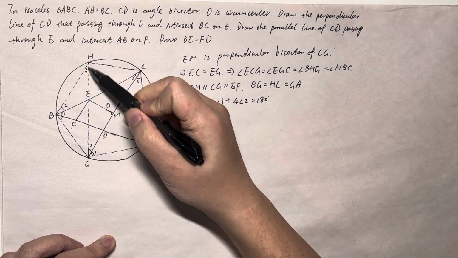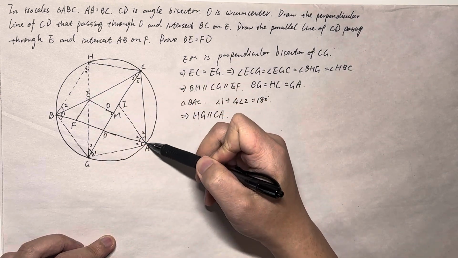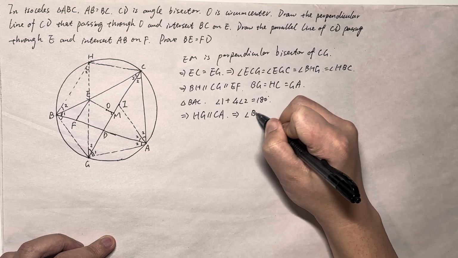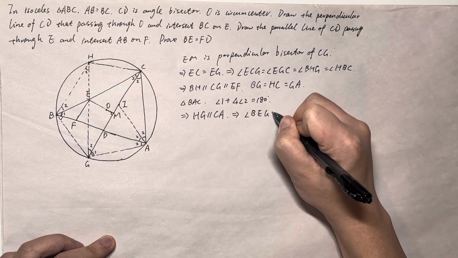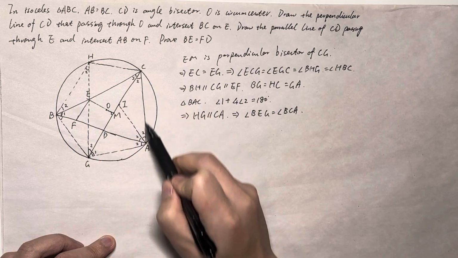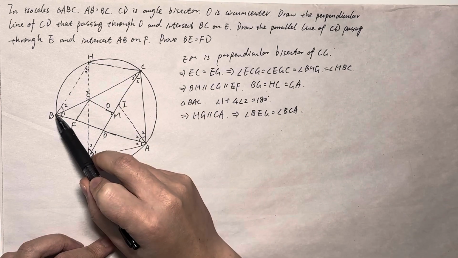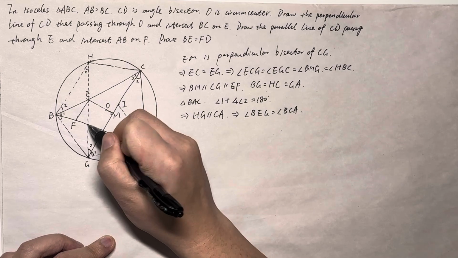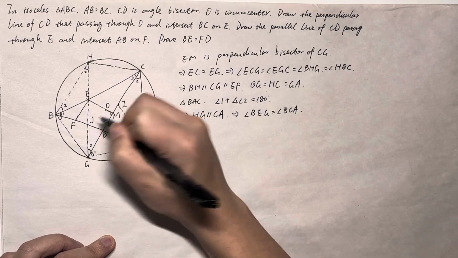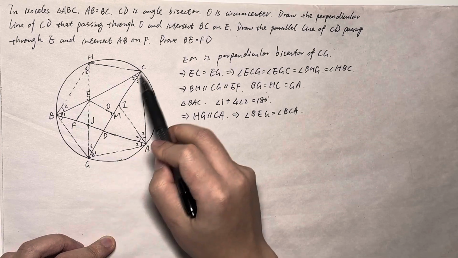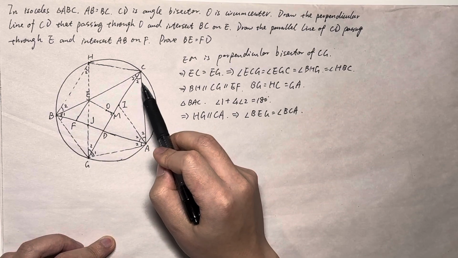And we know that these two lines are parallel, which means angle BEG equals angle BCA. Let's call this point J. So angle BEJ, or BEG, equals angle BCA.